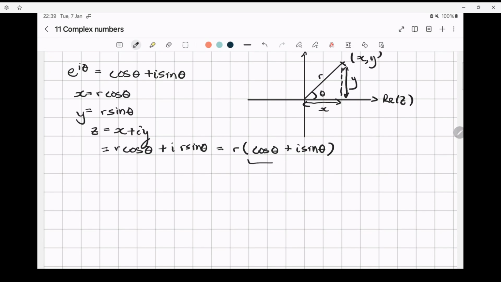This is the part where it is useful to use this particular formula to allow us to write r e to the i theta. Of course, your theta will be the argument of z, and you need to remind yourself that this ranges from minus pi to pi.